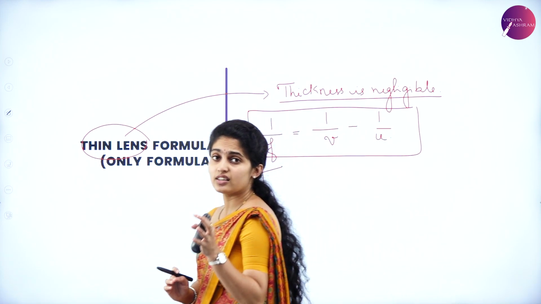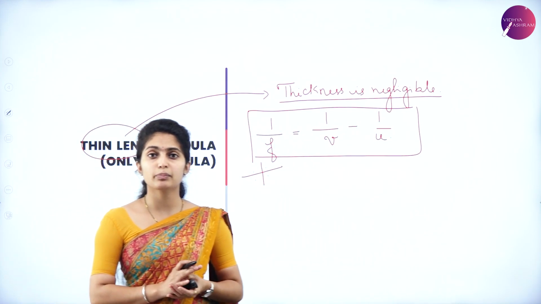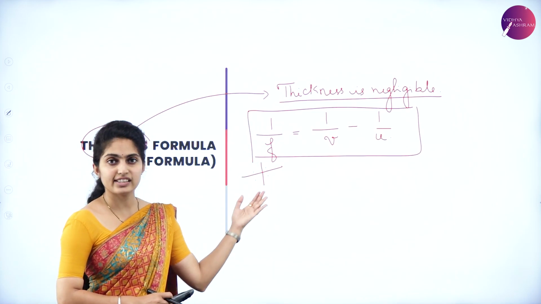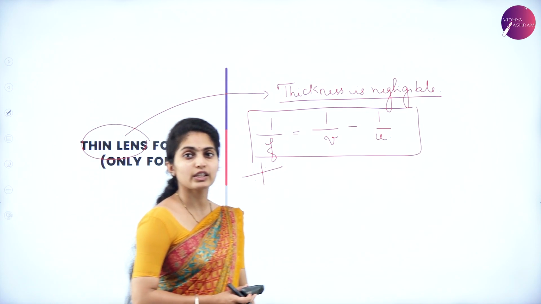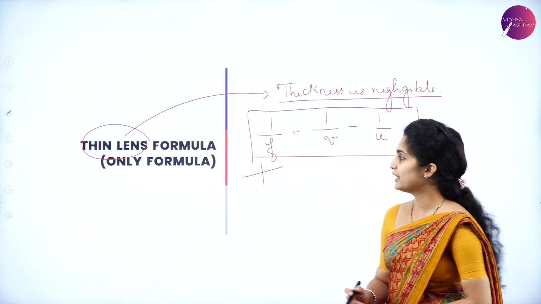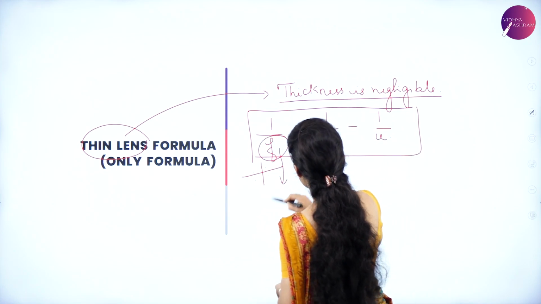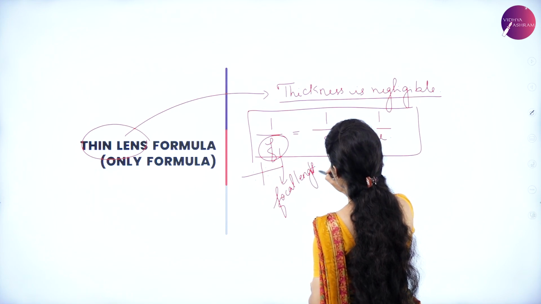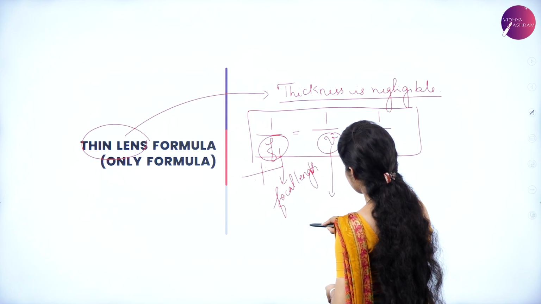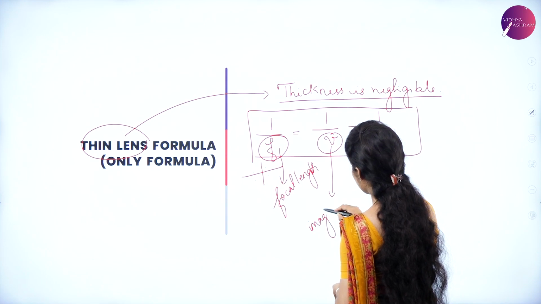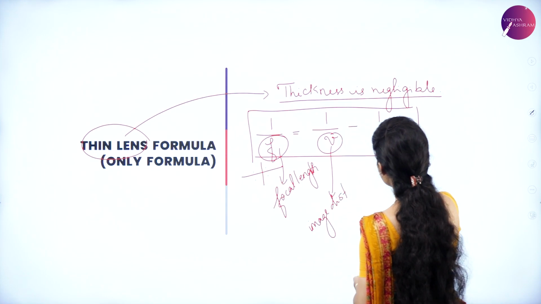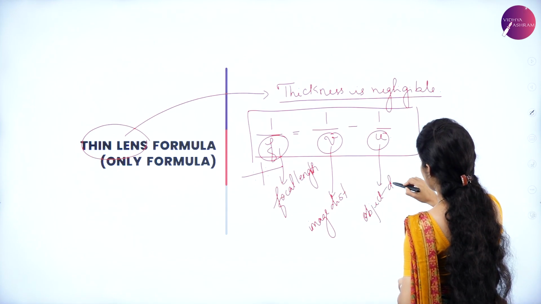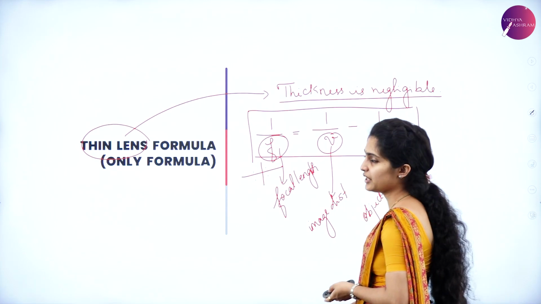It is nothing but a lens whose thickness is negligible compared to the radii of curvature of the spherical surface, and its formula is 1 by F is equal to 1 by V minus 1 by U, where F is the focal length, V is the image distance and U is the object distance. So that's all about the thin lens.